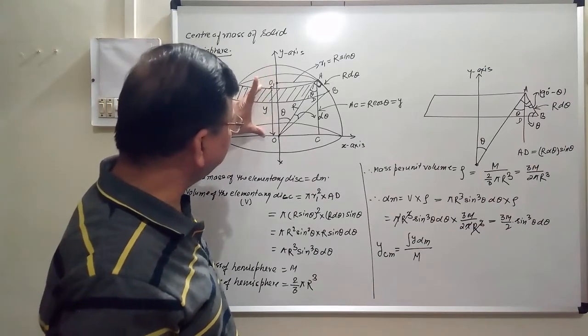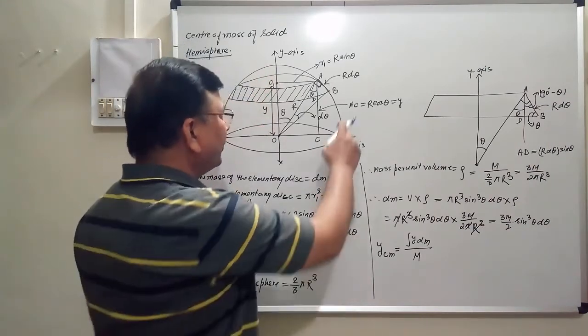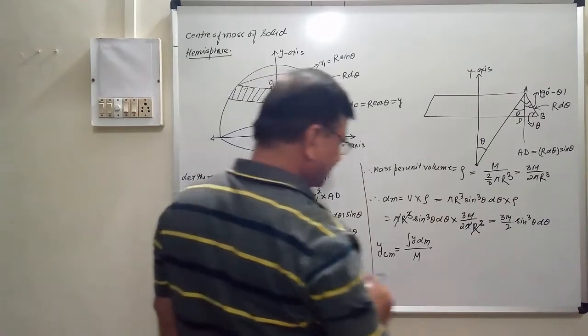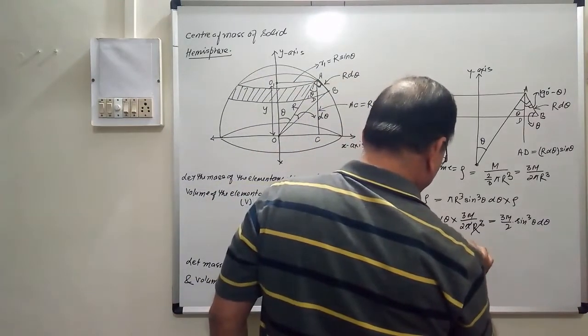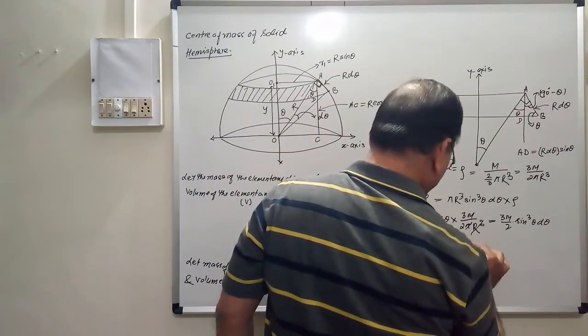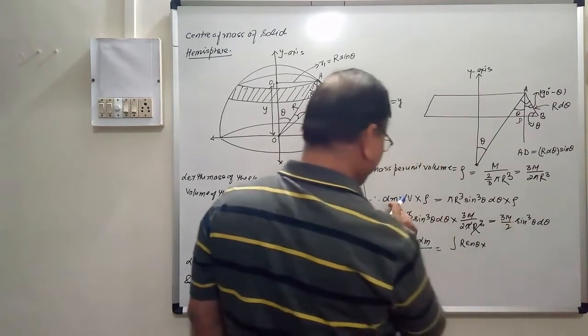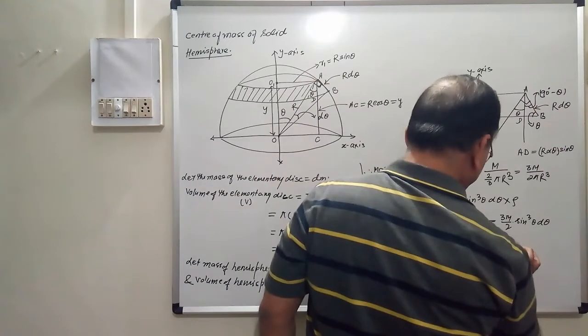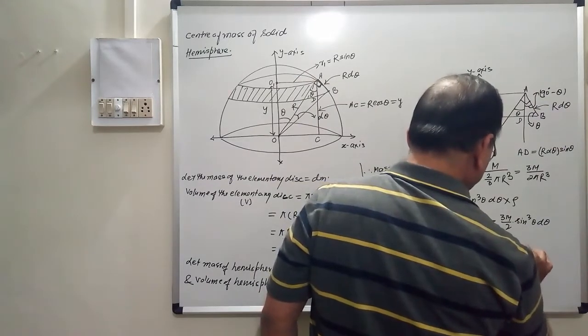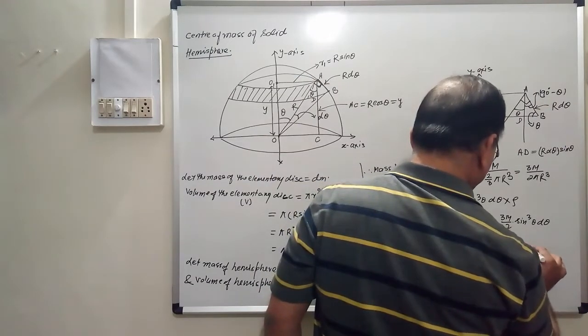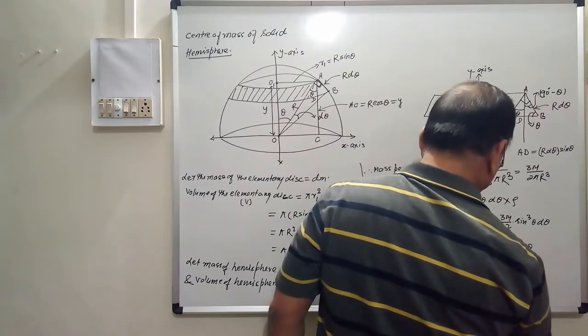Center of mass is over here, this distance is y, and y is equal to what? That is r cos theta. That is integration of r cos theta into dm. dm is this, I have found dm. That is 3m by 2 sine cube theta d theta by this m.